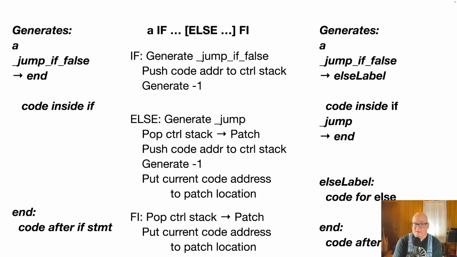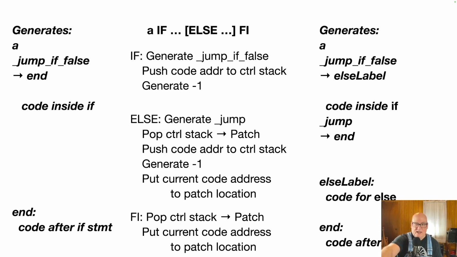Now let's take the if-else case. As before, we generate jump if false and push the address on the control stack. But when we come into the else, we start by generating a jump, and then we pop the control stack to get the label to patch out. And then we push the code address to the control stack. The address we're pushing is that middle line where it says arrow end.